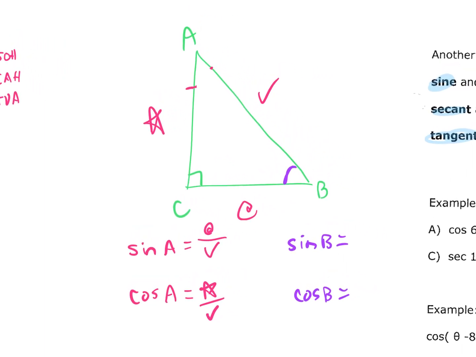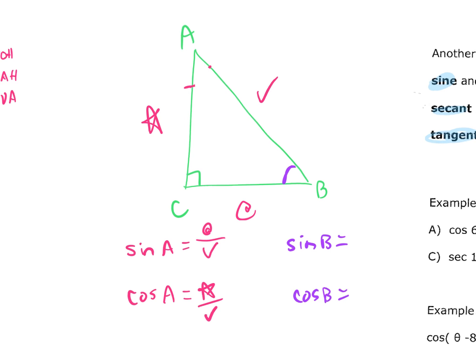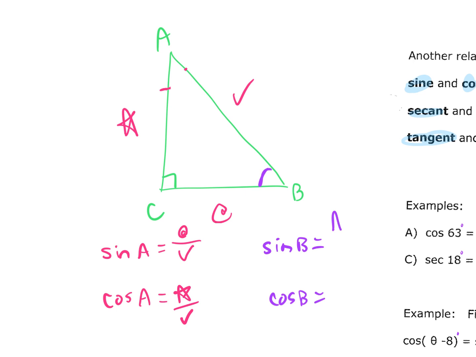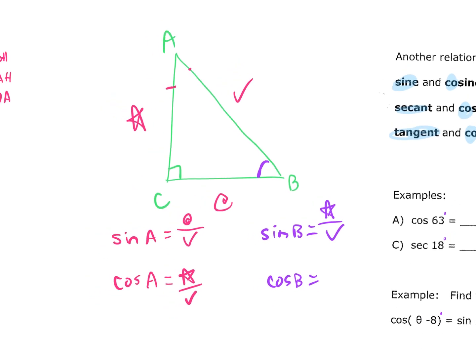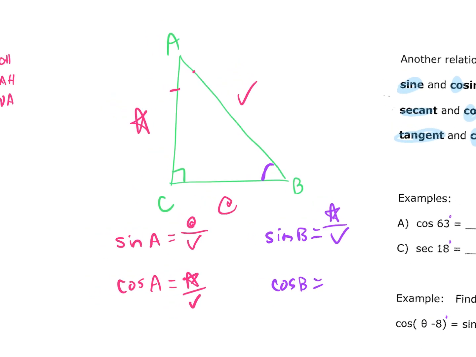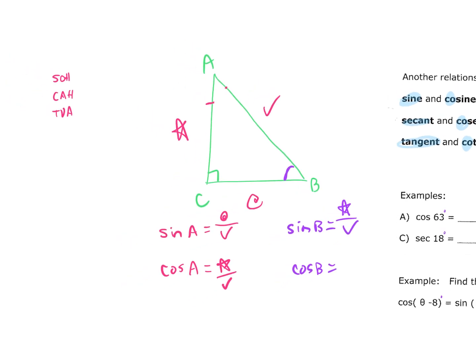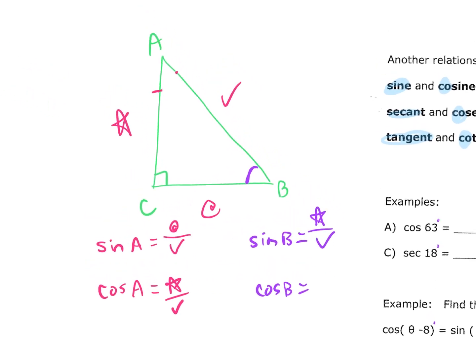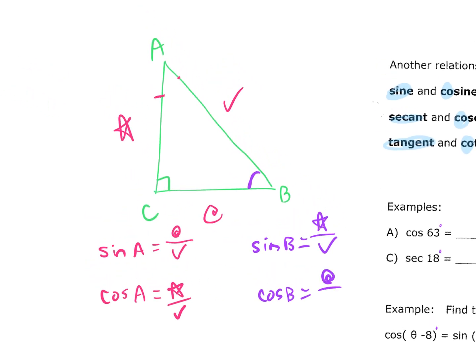Taya, what's the ratio for the sine of B? Star over check mark. And then the cosine of B, Owen? Star over check. Careful, cosine, so adjacent over hypotenuse. Okay, so @ over check mark.